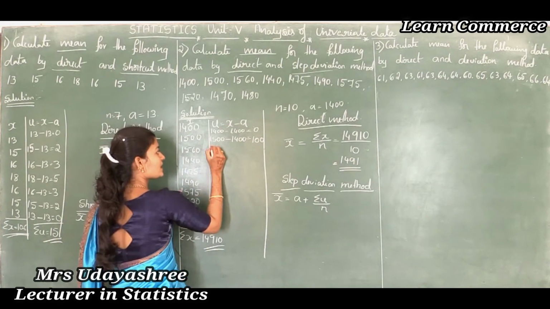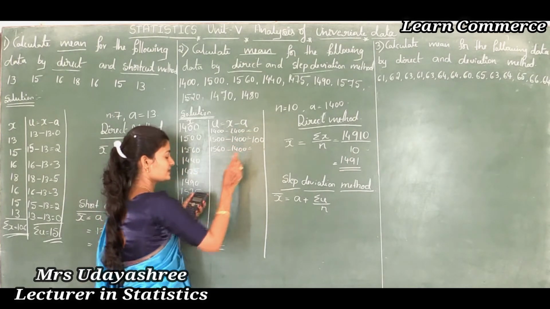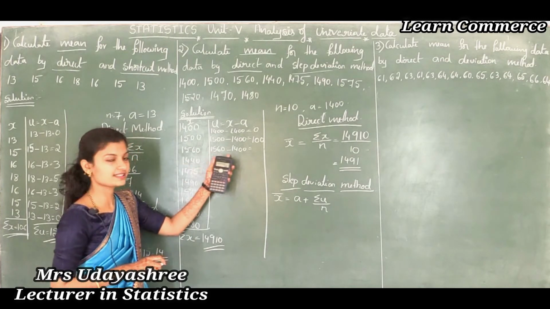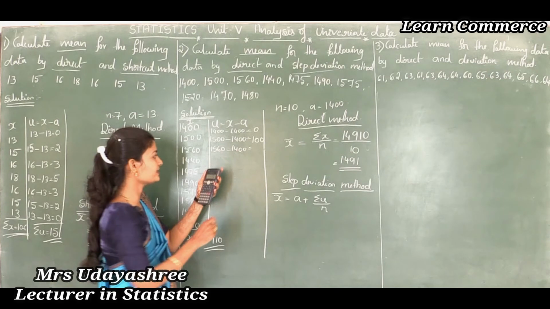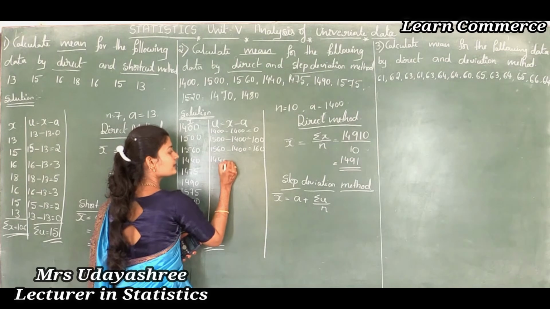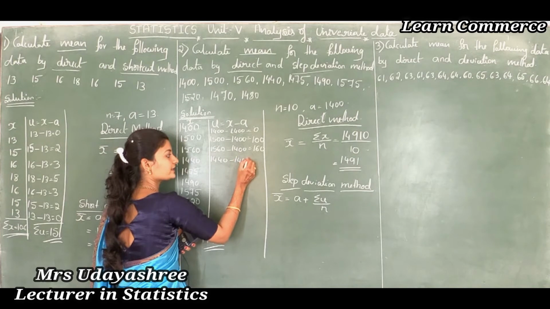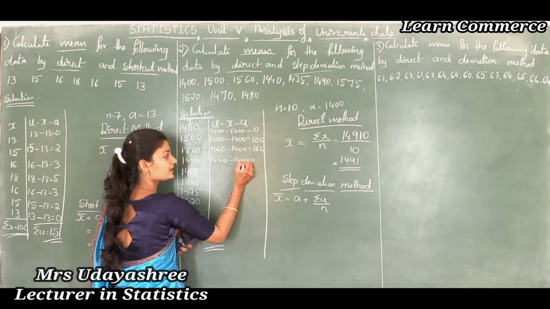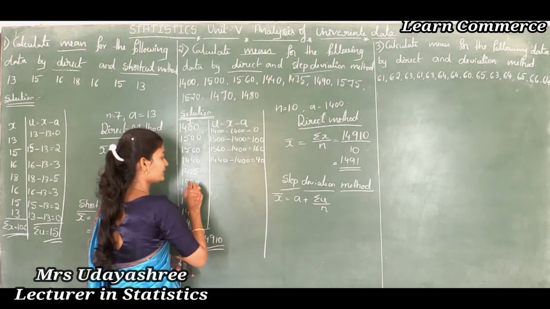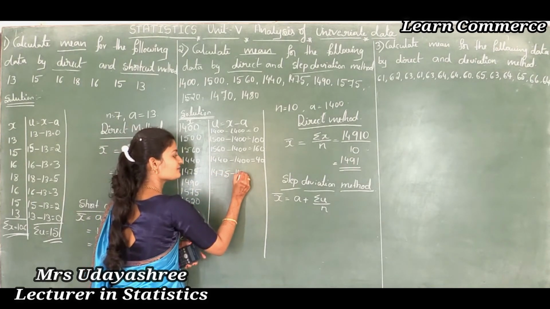Next x value is 1560 minus 1400, which is 160. Next, 1440 minus 1400 is 40. Next x value is 1475 minus 1400.